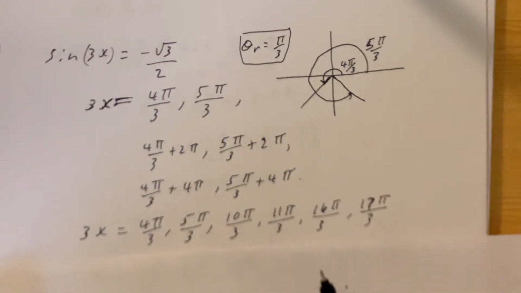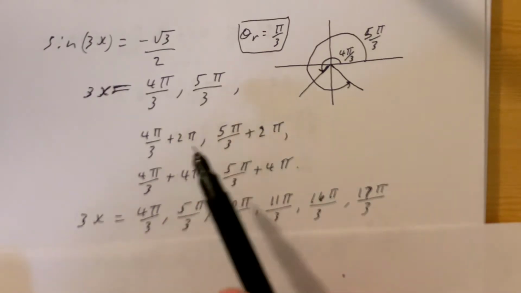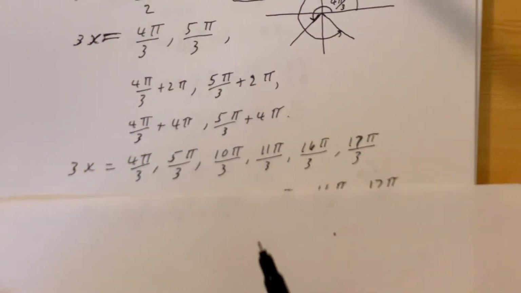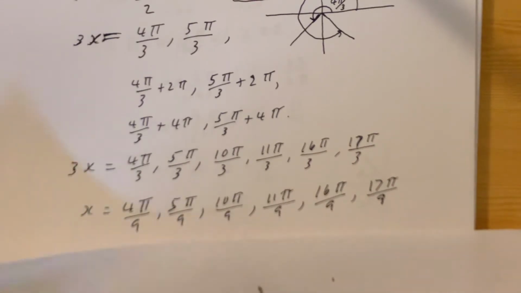Simplify those. Work these out, you can pause and check these answers. And then you divide everything by 3, and here are our solutions. So that is some examples for linear trig equations.